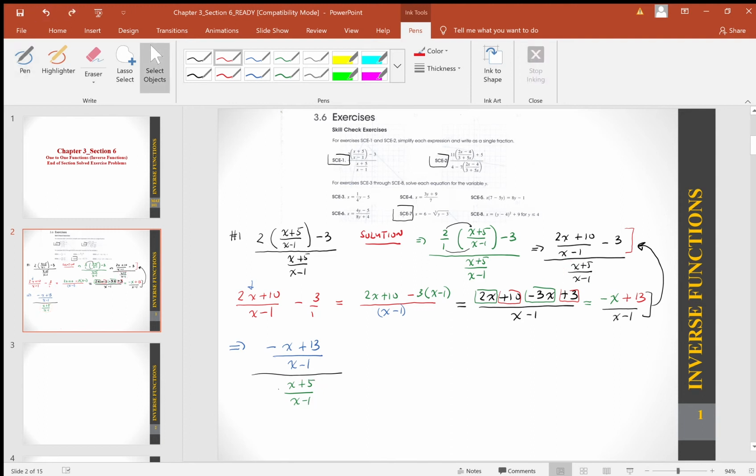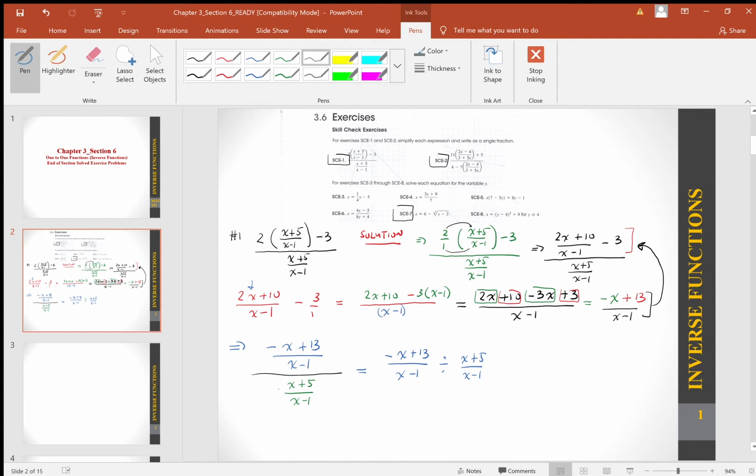Now I could take it a step further and say negative x plus 13 divided by x minus 1, divided by x plus 5 over x minus 1.